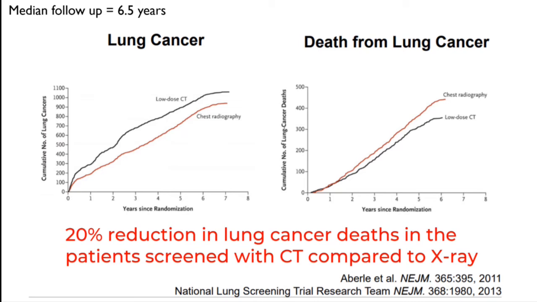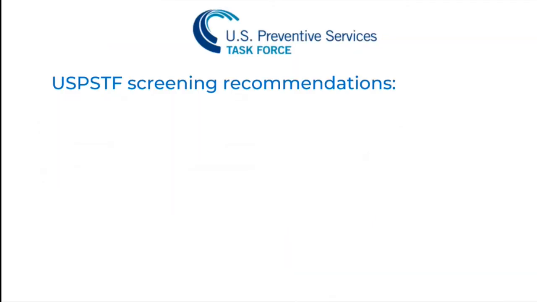So not only does it pick up the cancer earlier, it actually allows patients to live longer from lung cancer. Hence, the United States Preventive Services Task Force, or the USPSTF, came out with screening recommendations for lung cancer. I believe it was at least 5 or 6 years ago, or even longer, when they first came out with the first set of recommendations.